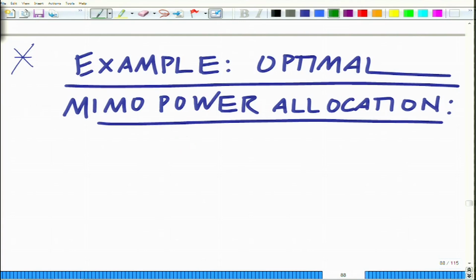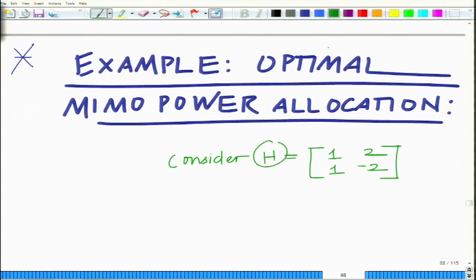So let us do an example. For this, consider the MIMO channel. This is our MIMO channel. In fact, this we have already seen, this is the channel matrix.